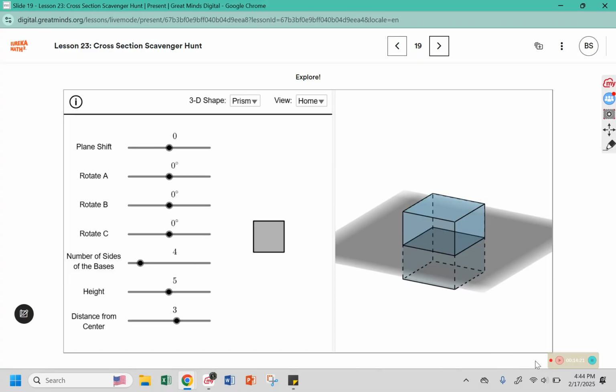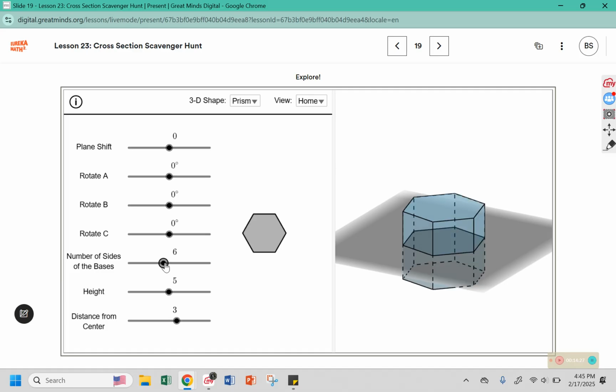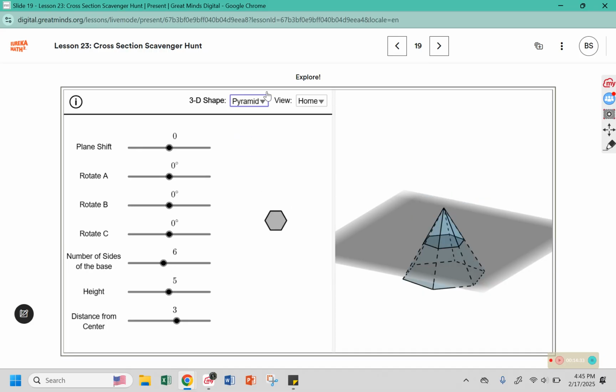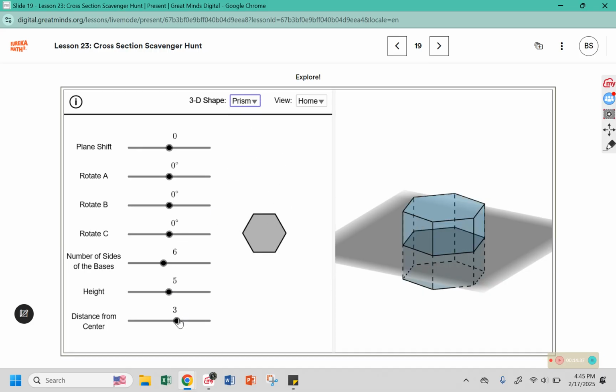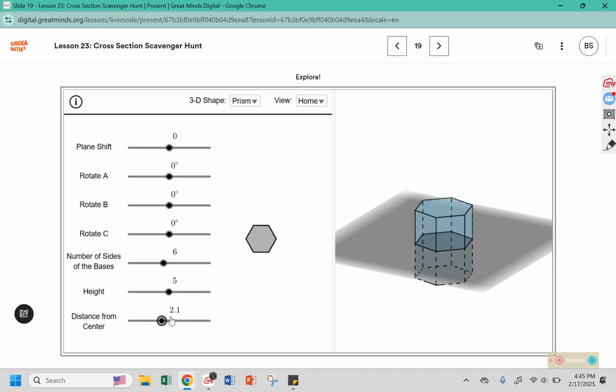Now explore. You can play around with how many sides are on the base. You can adjust it to be a pyramid or a prism. And you can adjust how big or small the prism or pyramid is.